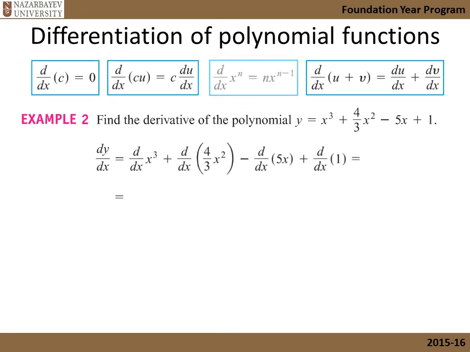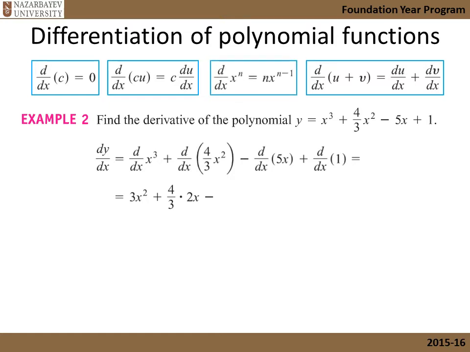Then we can use our power rule to find the derivative of x cubed, which is 3x squared. Then we can use our constant multiple rule to find the derivative of 4 over 3 x squared, and this will be equal to 4 over 3 times 2x.